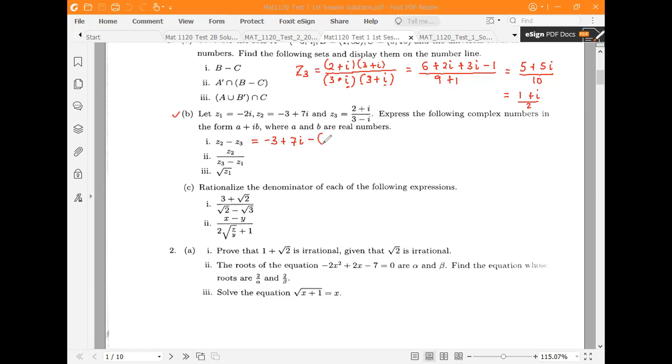So we can now split it and write it as half plus i over 2. Which you can now expand and say, okay, so we have minus 3 minus half, plus 7i minus i over 2.